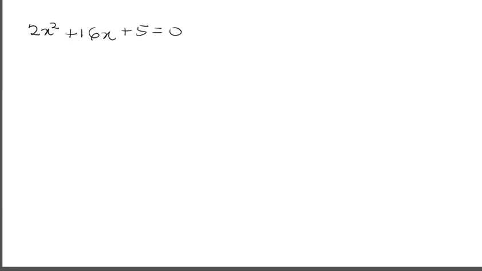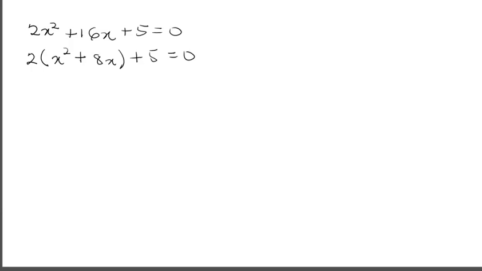To use completing the square method, the first thing you are supposed to do is make sure the coefficient of x squared is 1. To do so, I need to factor out the 2. So I'll bring this 2 outside, and then I'll have x squared, and inside here, I'll have 8x, and then plus 5 is equal to 0.